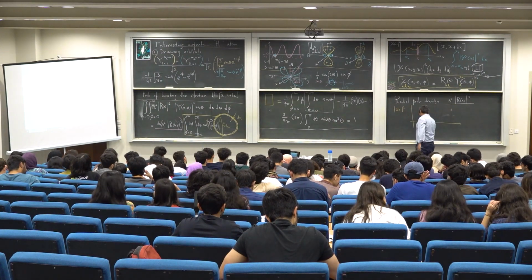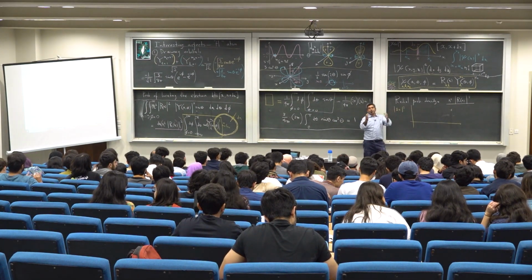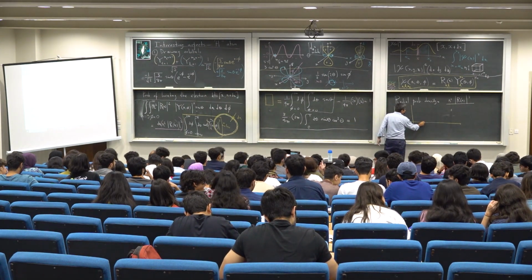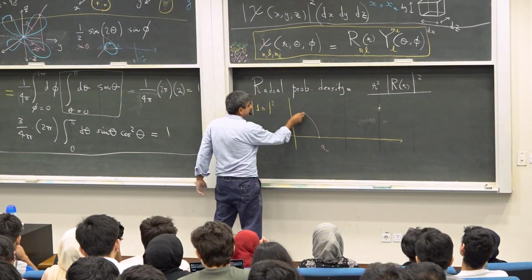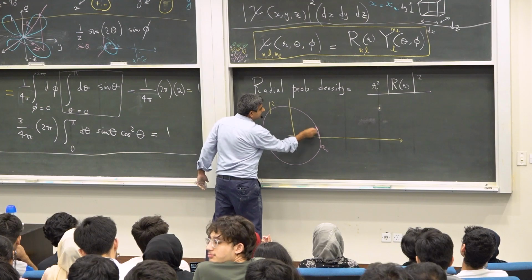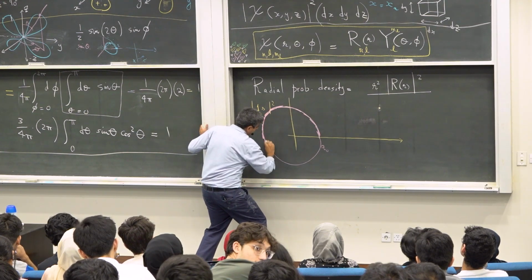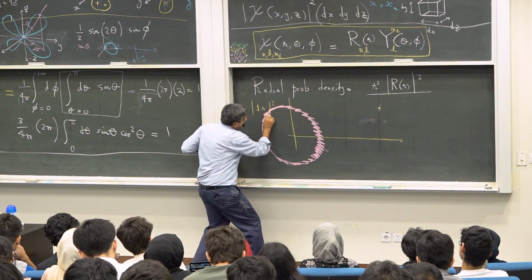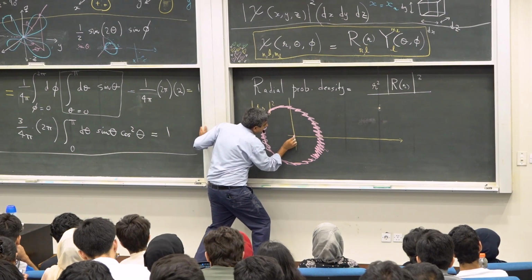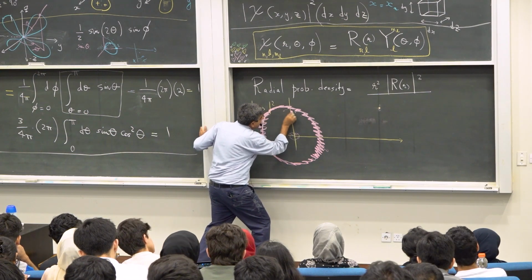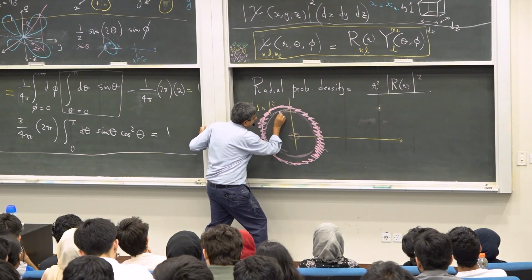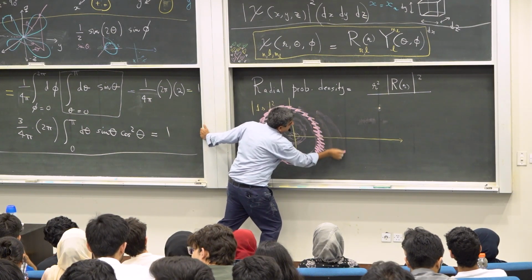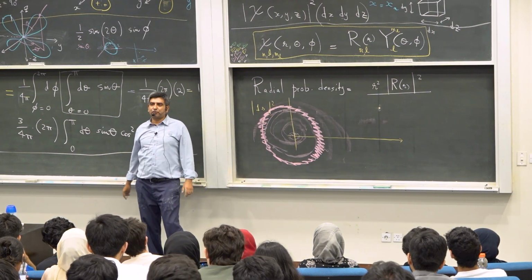The plot is there in front of you, but if I were to draw a cloud of electrons, a cloud diagram of an electron at some a naught, this is what it's going to look like.